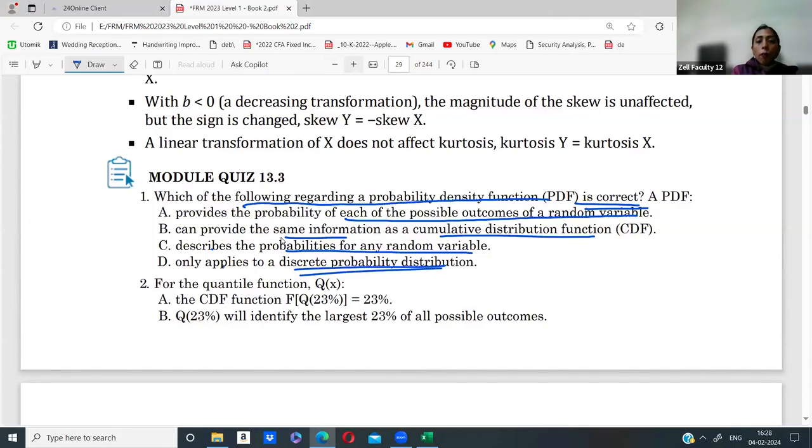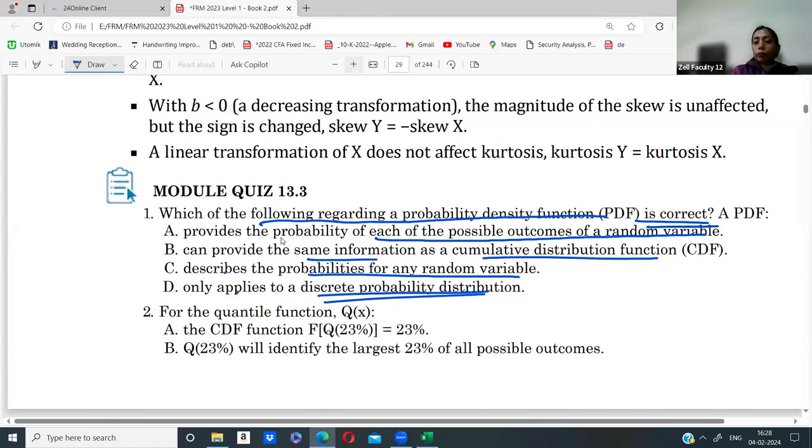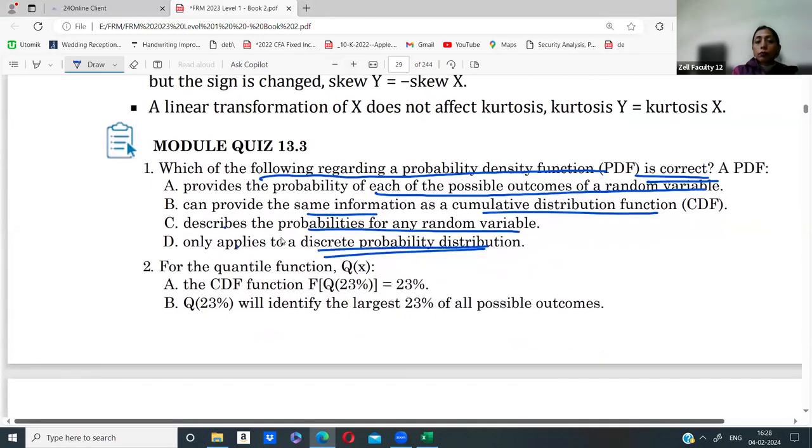Which one? A PDF, the probability function, P of x. Does it provide the same information as a CDF? Is P of x and f of x providing same information?